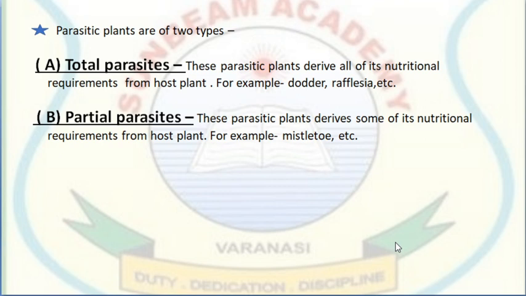So, children, see that parasites can be categorized in two categories: total parasites and partial parasites. Total parasites derive all of their nutritional requirements from the host plant. Examples are dodder, rafflesia, etc. And partial parasites, as I have already told, derive some of their nutritional requirement from the host plant. For example, mistletoe.